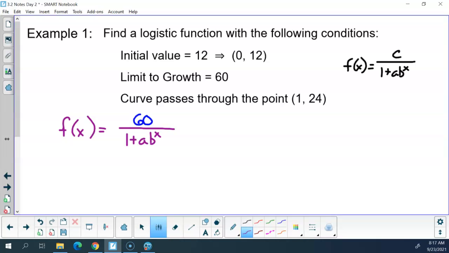So I know that right from the start, based off of my limit to growth, it is 60. What else can we figure out?